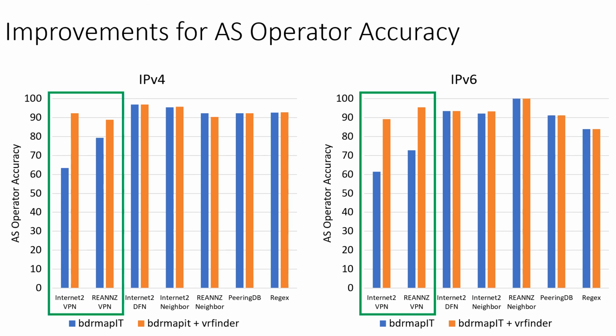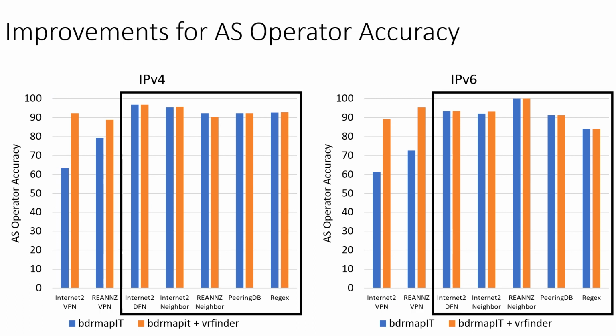So first, we looked at the improvement for the Internet2 and REANS L3 VPN addresses. Our modifications increased the accuracy of bdrmapIT's AS operator inferences by 9.5% to 29.1% for the L3 VPN addresses, showing that the inferred outbound addresses significantly improve bdrmapIT's accuracy for L3 VPN addresses.